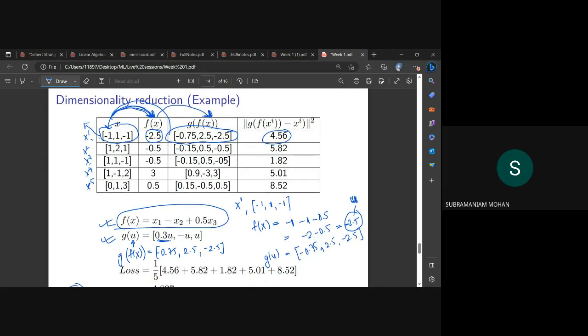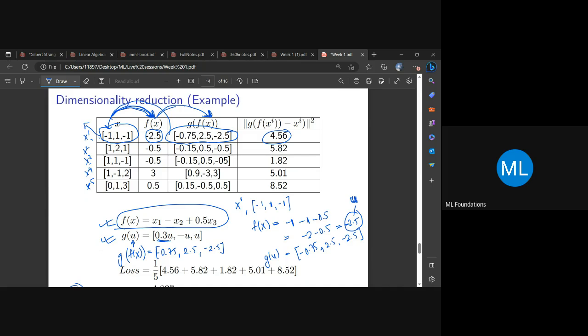So your dimensions are really coming back now. You started with 3, but this decoder function is for when you want to get back your actual data in a way. When you're reducing the dimension, it has a few applications that you will see later.